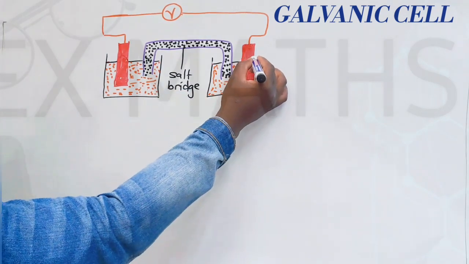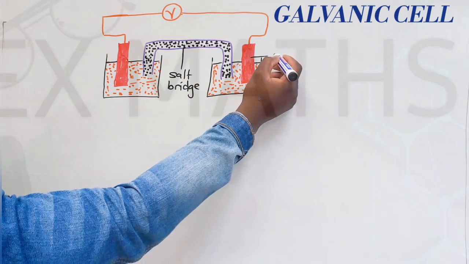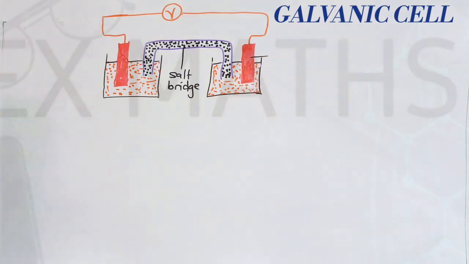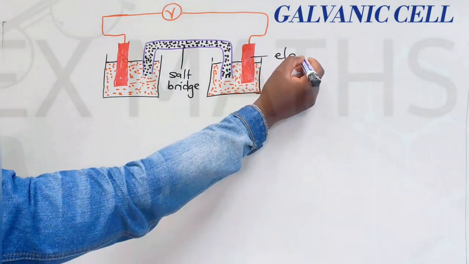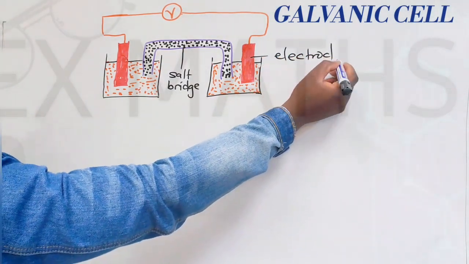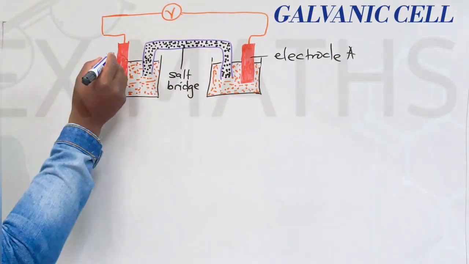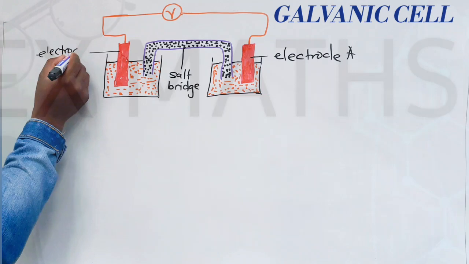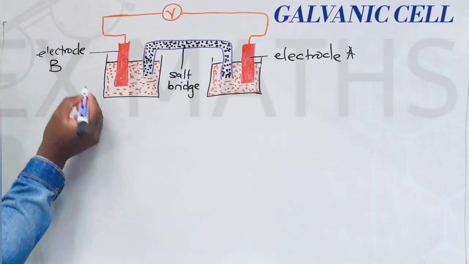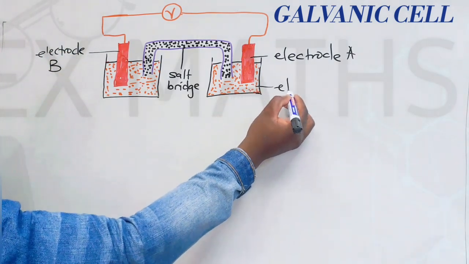This is an electrode. So this one is not specifically labeled whether it is the positive one or the negative one. So let's just mark electrode A and electrode B. Then this is electrolyte.